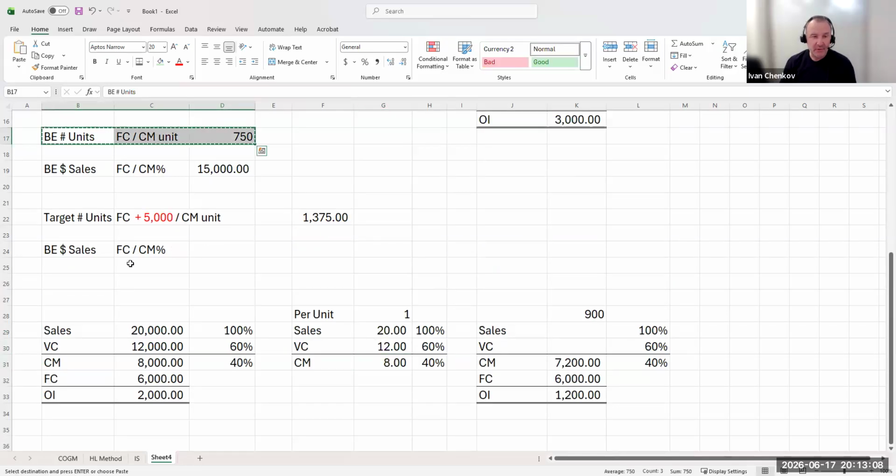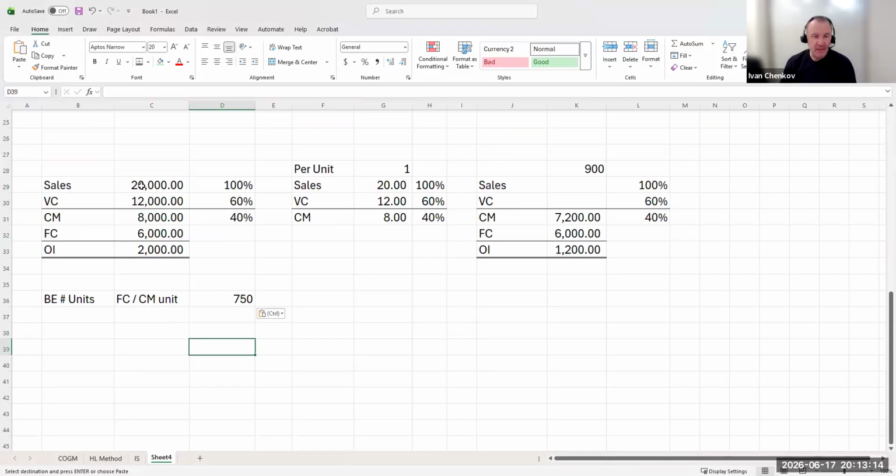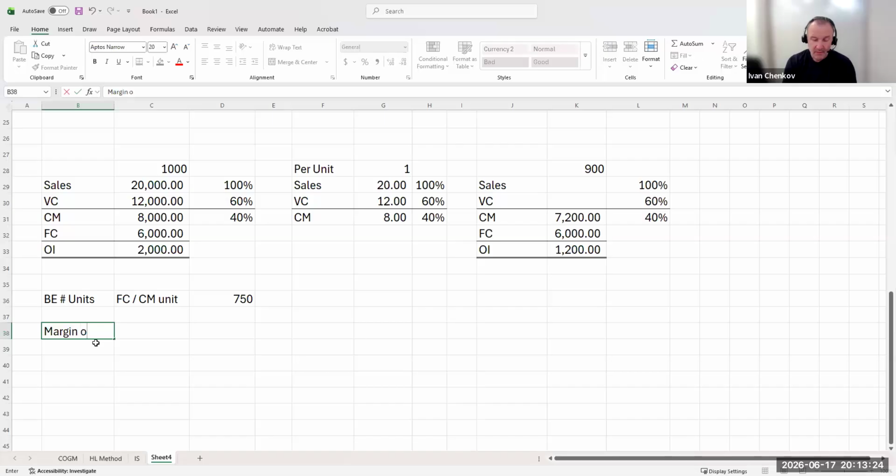I need the break-even point in units. I already know my break-even point is 750. In this case, I'm selling 1,000 units. What's my margin of safety? Margin of safety, in this case, as a number of units, is 250.